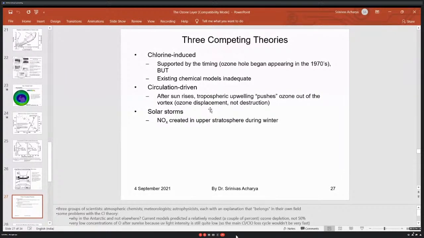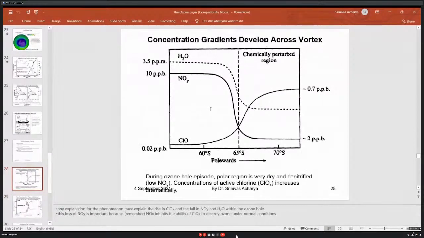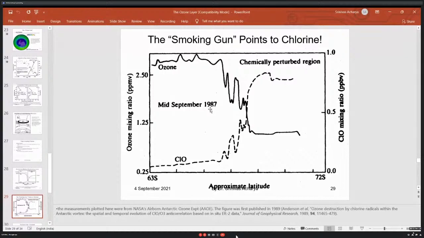They are the three theories which can suggest why the ozone hole occurs in polar regions. This is the concentration gradient developed across this vortex. Why is the vortex an important cause of this depletion? You can say it is a smoking gun pointing to chlorine.